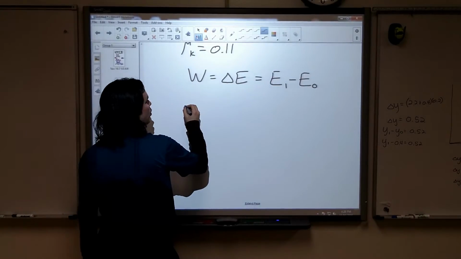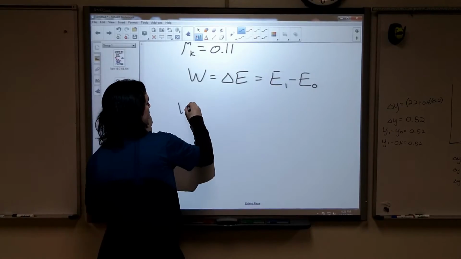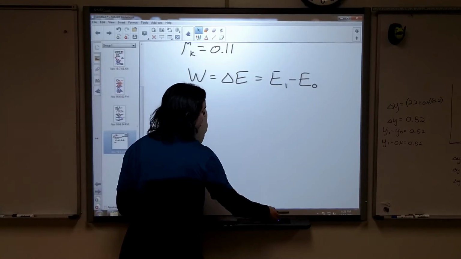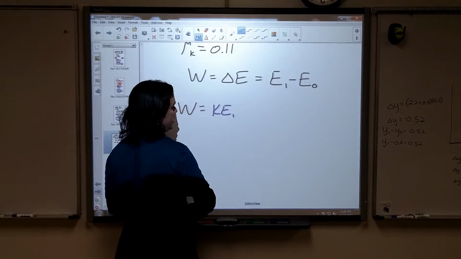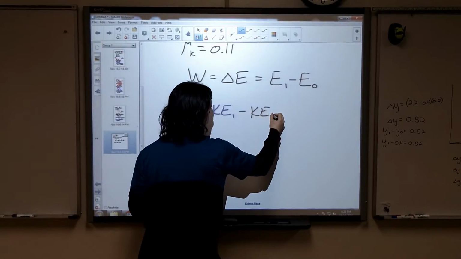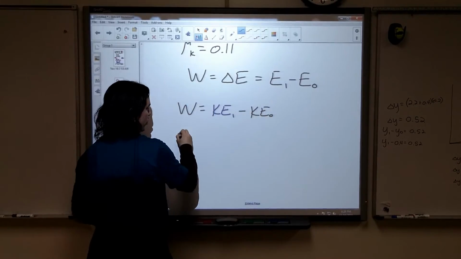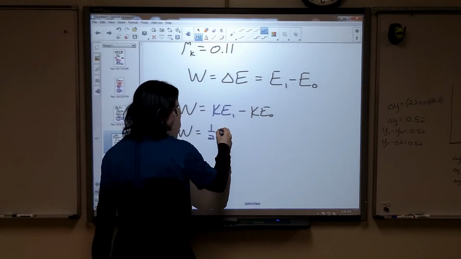So the work done is going to be equal to our change in kinetic energy, because that's the only type of energy we have in this problem: my final kinetic energy minus my initial kinetic energy. My work is then going to be equal to 1/2 m v squared.